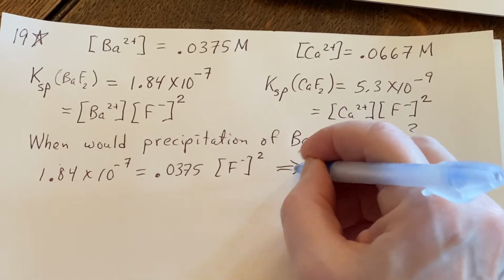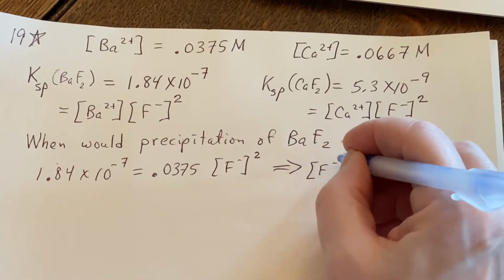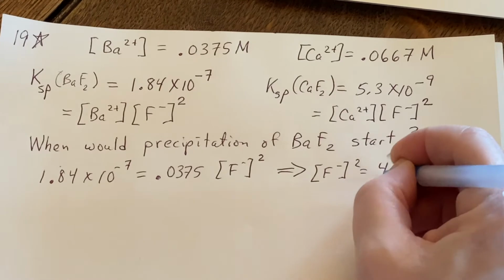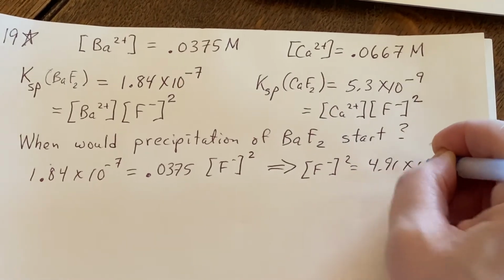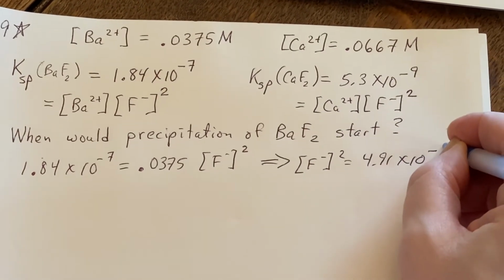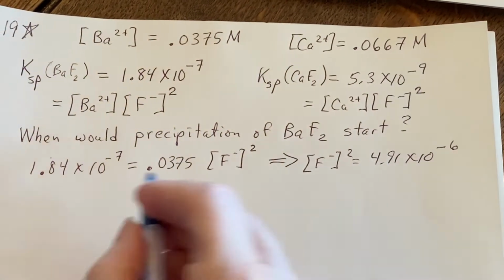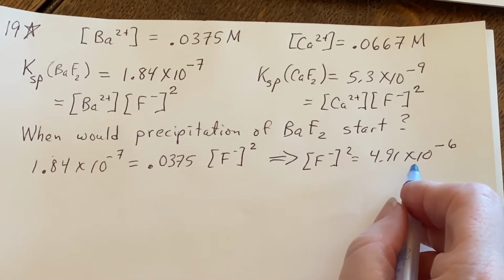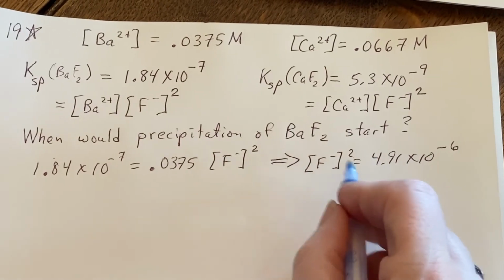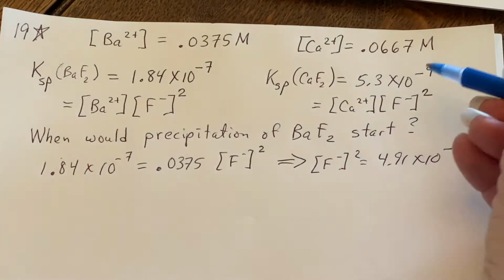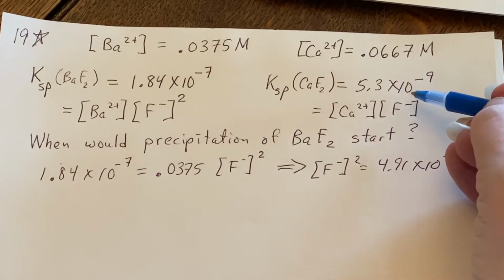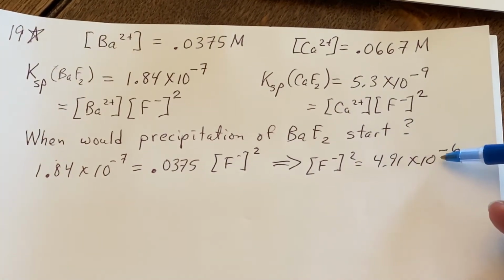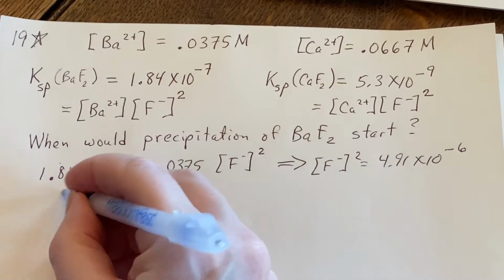This would happen when the fluoride ion concentration squared was 4.91 times 10 to the negative 6th. And if that is true, I have to stay below that when I'm doing this. So that's some sort of a cutoff. So I'm going to use this as a cutoff value for F minus concentration.